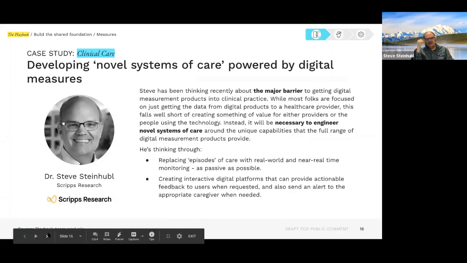So the next major point I want to cover as we think about using digital technologies in clinical care is, I would say, 98% of the startups or groups that we work with around using digital technologies in healthcare, the question they ask themselves is, how do we incorporate X, whatever our device or technology is, within existing systems of care? And I believe, and our group believes, that this is a flawed approach.